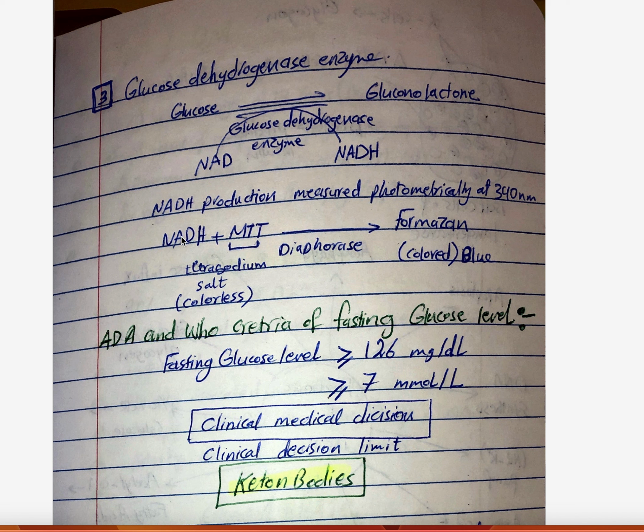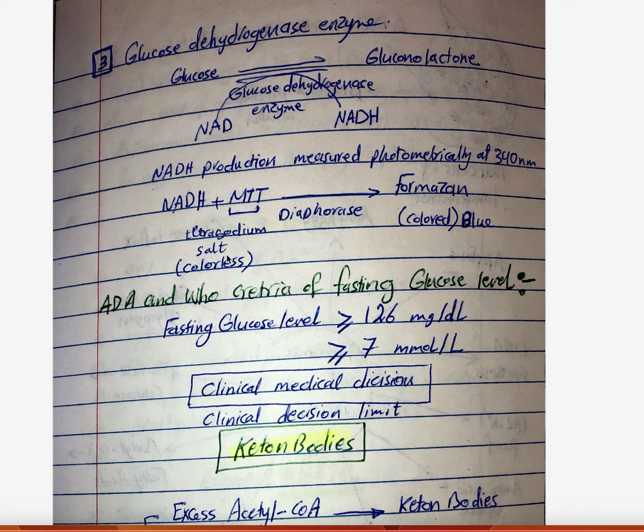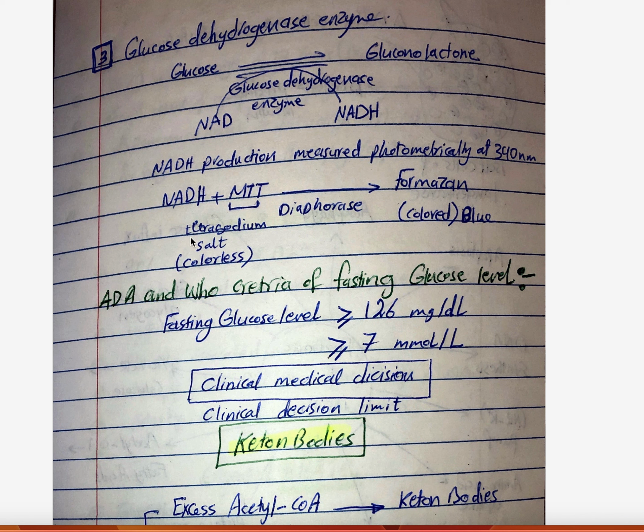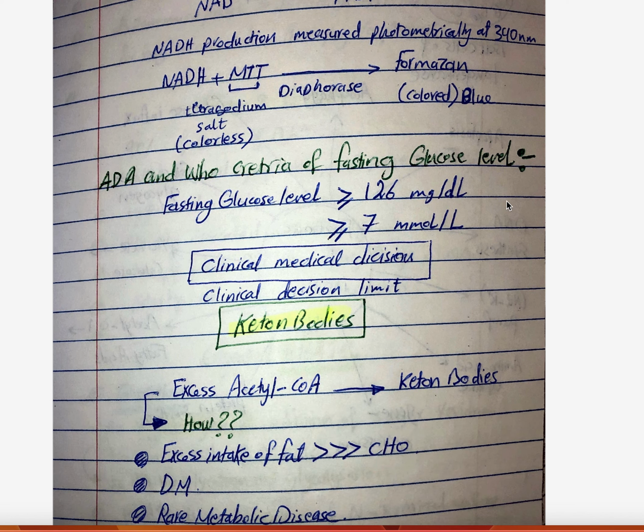So we measure the NADH production photometrically at 340 nanometers. There is also another substance, like NADH plus a colorless compound by a diaphorase or whatever, that leads to a colorful substance, but actually the best and the most common is that we measure it by photometry, which is 340.